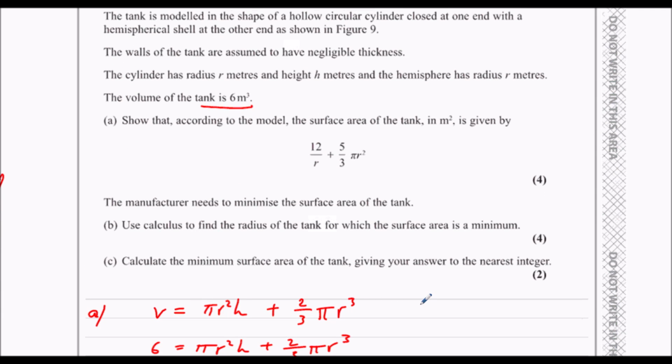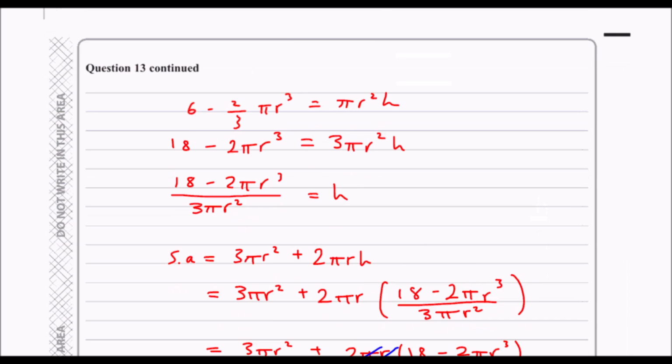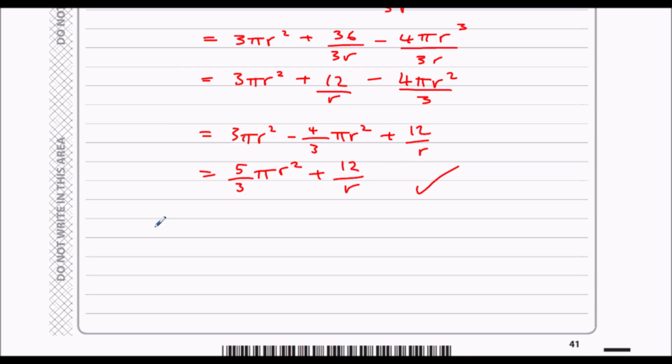So the manufacturer needs to minimize the surface area of the tank. Use calculus to find the radius of the tank for which the surface area is at a minimum. So this is our surface area. Let's call it A. So it's 5/3 pi r squared plus 12r to the power of -1.